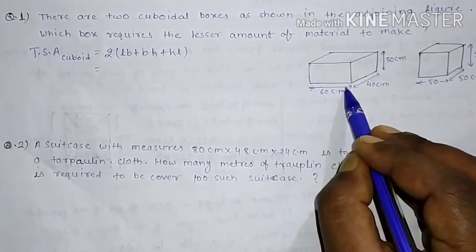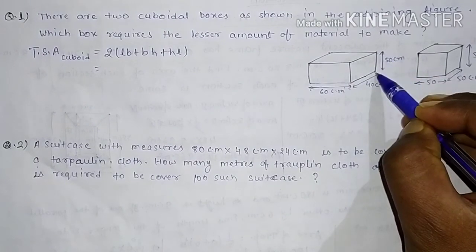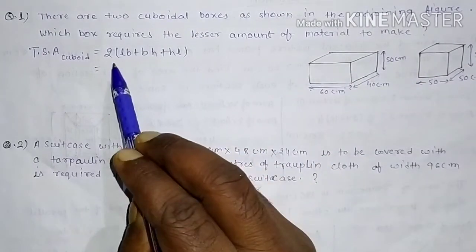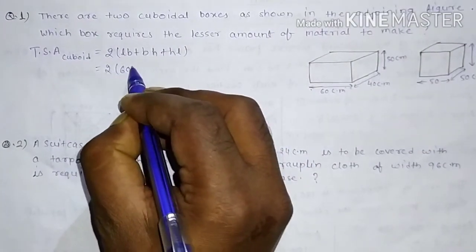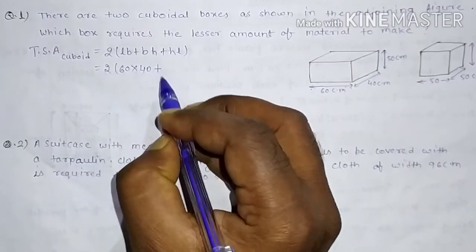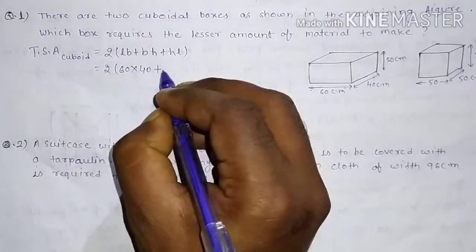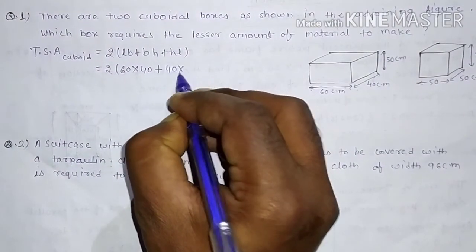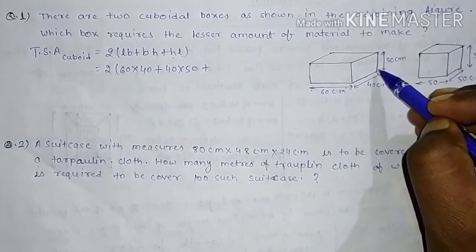Length is 60 centimeter, breadth is 40 and height is 50 centimeter. Just put the values in this formula: 2 into (60 into 40 plus 40 into 50 plus 50 into 60).